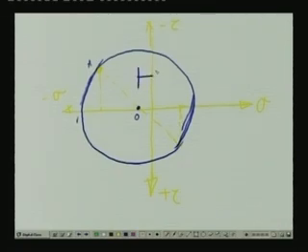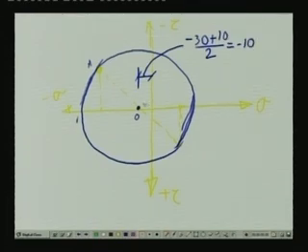As you know, the distance of this center from the tau axis is sigma x plus sigma y by 2. Now, here sigma x is minus 30, sigma y is plus 10, that divided by 2, that gives you minus 10. So, this distance is minus 10 MPa, and this particular point refers to sigma x, which is from here as minus 30.